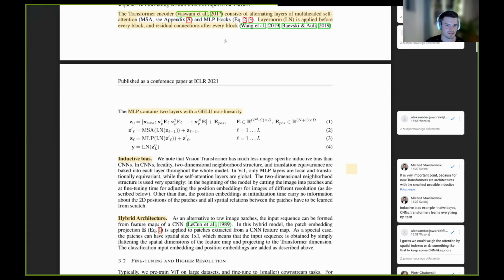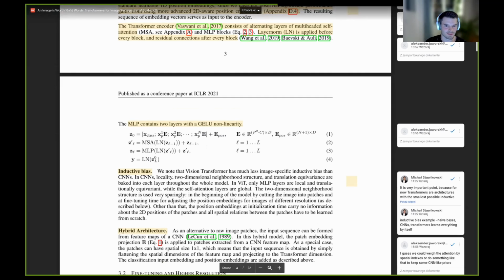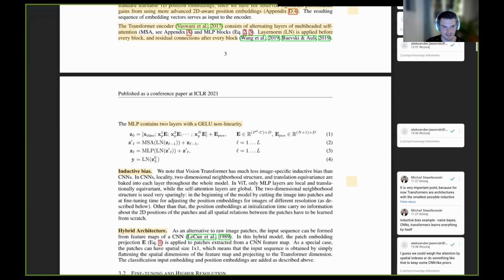Yes, we can actually describe this, because maybe it will help somebody. This Z0 vector is first of all the inputs. So this x_class is the class token, as we have spoken before, and every x_p^1 vector is some patch of the image that was flattened, and this E is the linear layer that is used to map this vector to the dimensionality that the transformer uses.